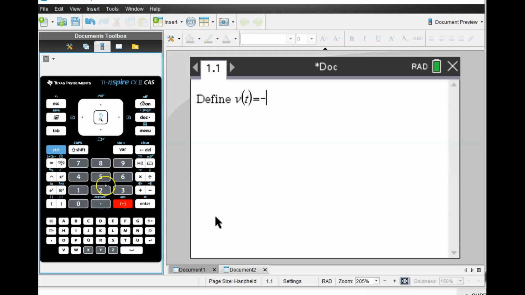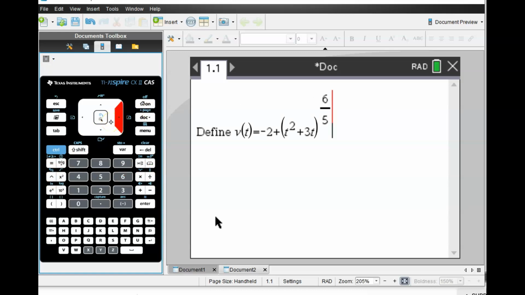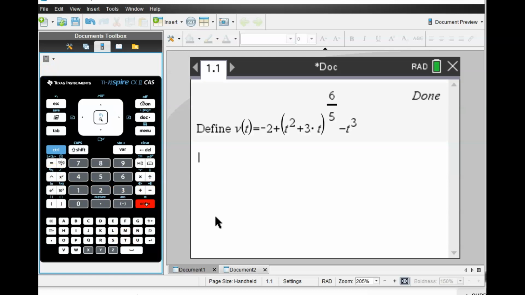So v of t is equal to -2 plus, in parentheses, t squared plus 3t, raised to the 6/5, and then make sure you go back down to the main line when typing in the minus t to the 3rd. You don't want to keep typing in the exponent spot. All right, so there's v of t.